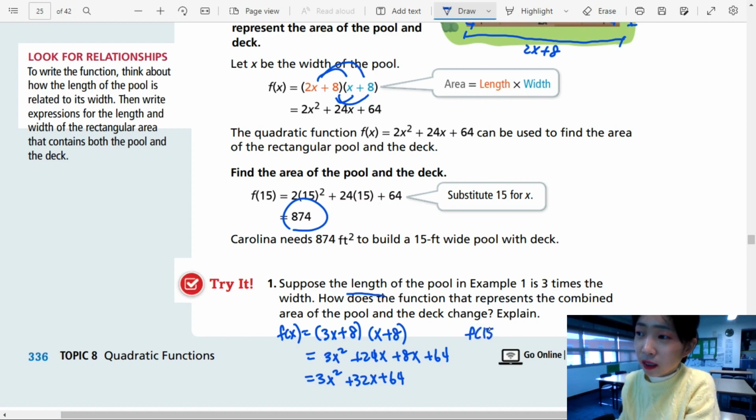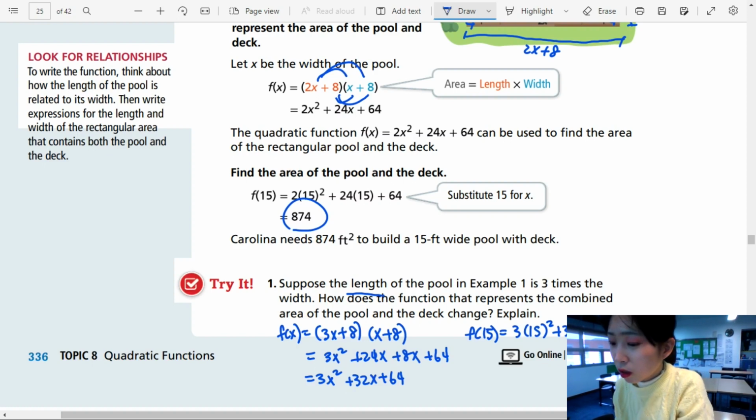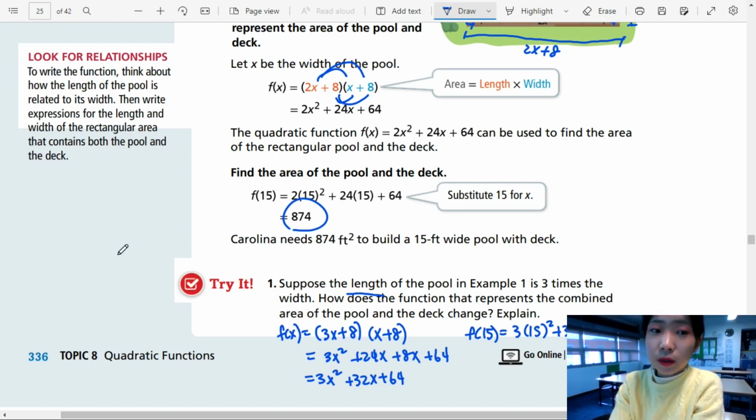So f of 15 is going to be 3 times 15 squared plus 32 times 15 plus 64, which will be equal to 630 plus 480 plus 64.